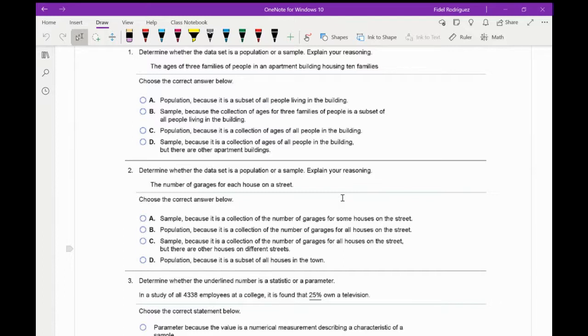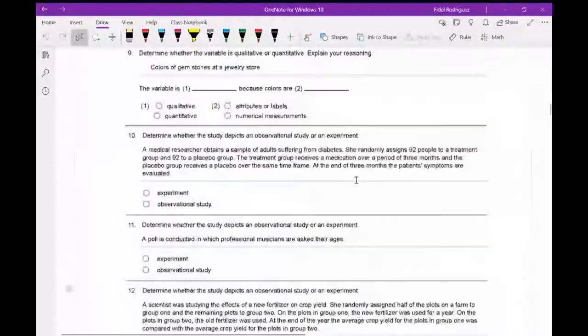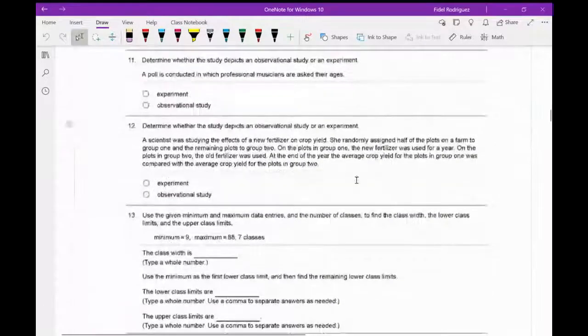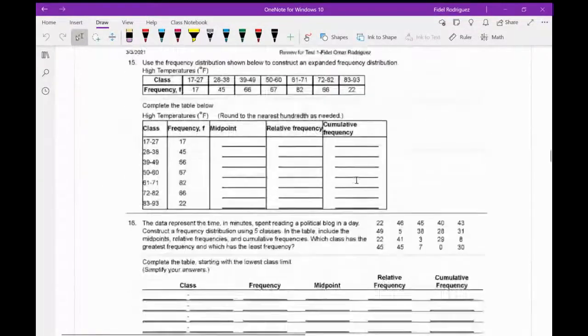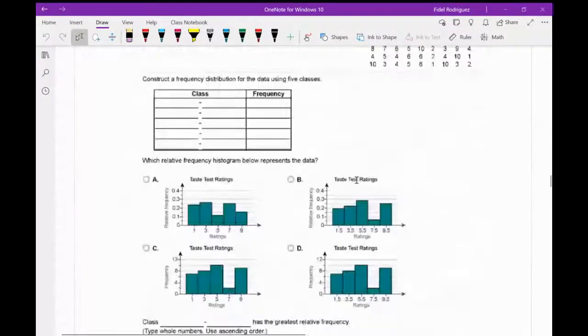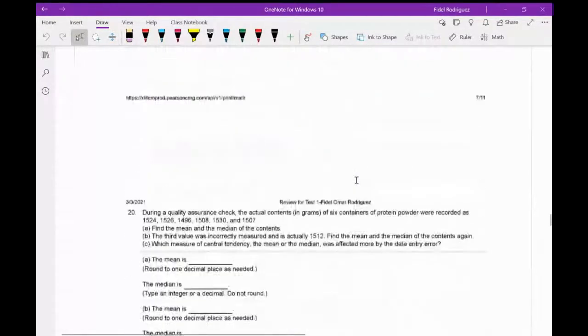It's about the weighted mean on the review. I don't really understand it. Okay, so let me see if I can find that problem that has the weighted mean, and then we can do it.